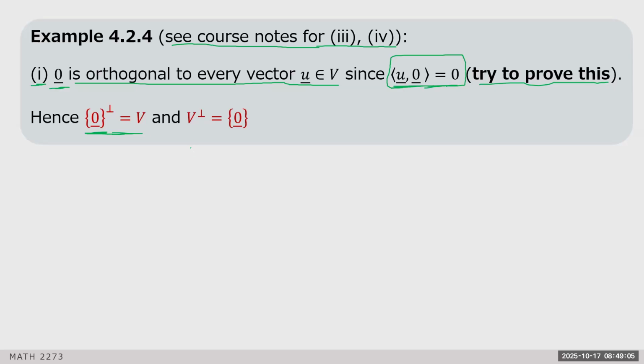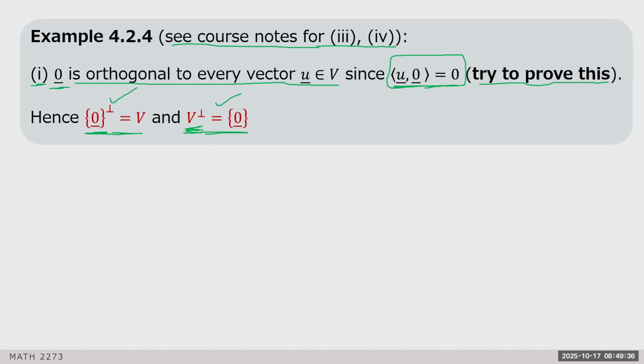Or another way of saying that is that the orthogonal complement of the entire space is the zero vector. Remember I told you that the definition of this orthogonal complement is a bit of a weird definition that you have to sit and think about for a couple of minutes. But once you understand what that definition is saying, then these two results will be sort of obvious.